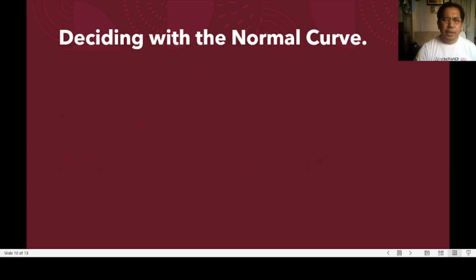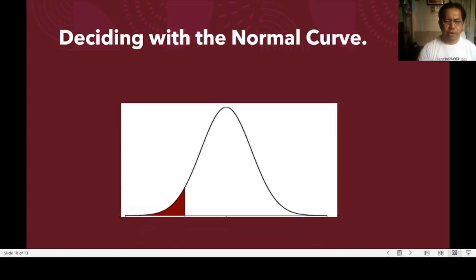Another one in here is deciding with the normal curve. So let's try to consider the different curves in decision making. We have here the normal curve, and this curve is considered to be a one-tailed curve.